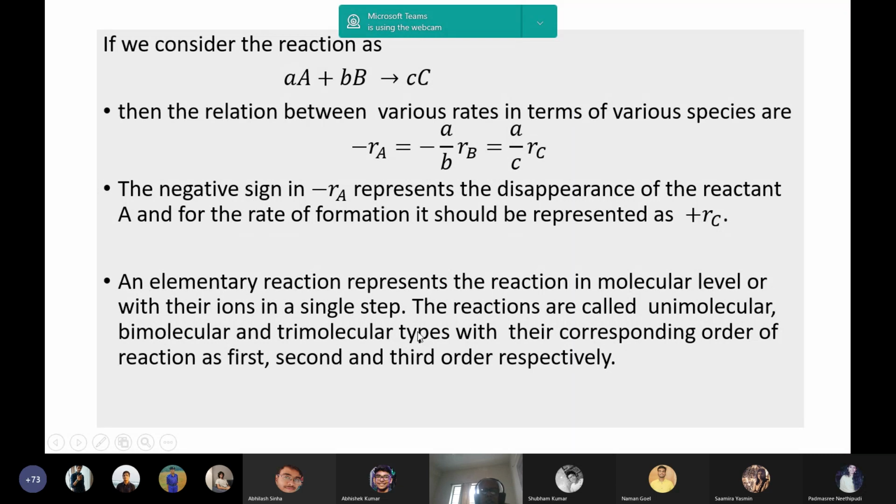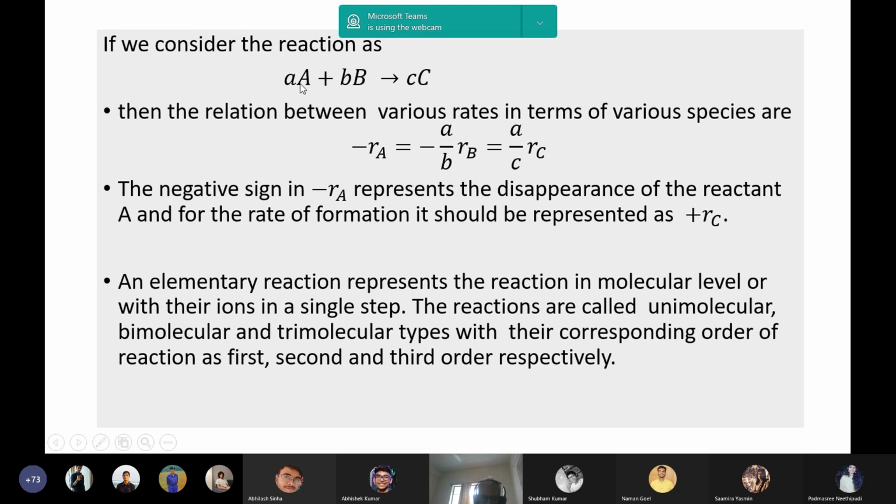An elementary reaction represents the reaction at the molecular level. So you have to first find out whether a reaction is elementary or non-elementary. If I ask whether this reaction is elementary type, you cannot give the proper answer, because you have to study the type of reaction, its mechanism, and rate equation, then you can say it is elementary type.